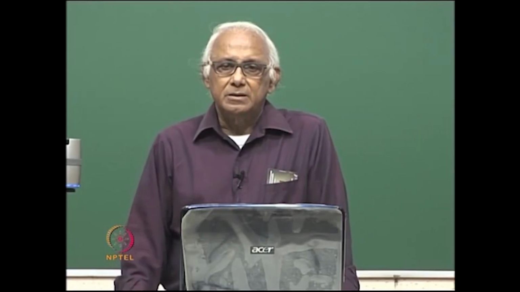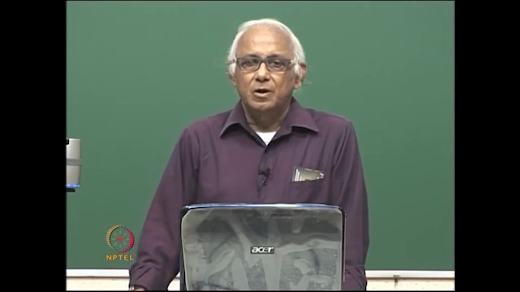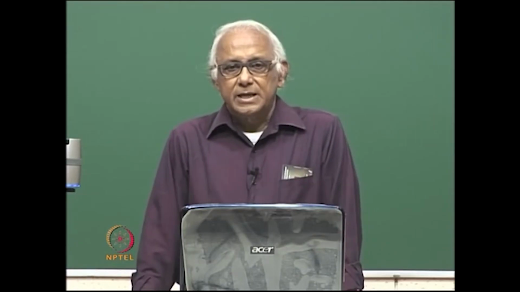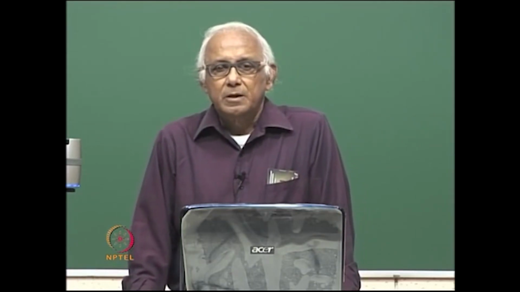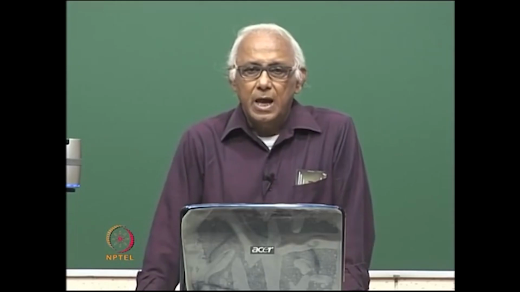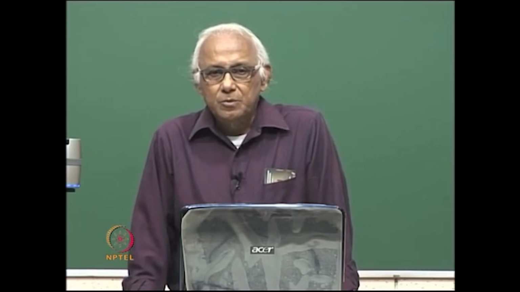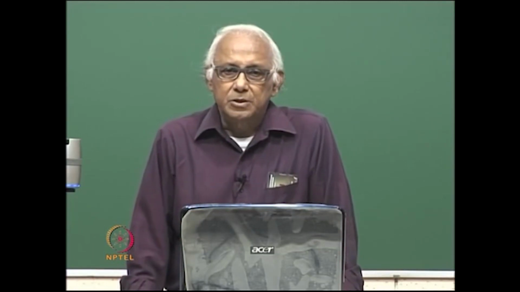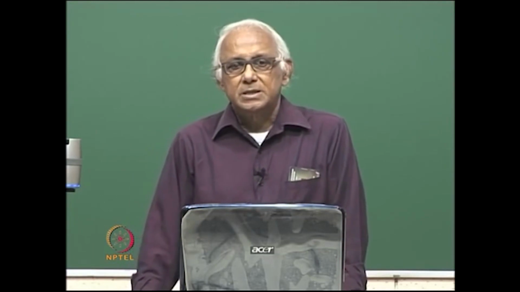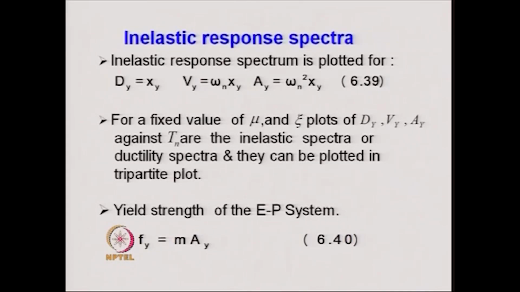Once we get that, that particular value of f bar y is again put into the equation of motion and we solve. After solving, we get a value of mu, and if that value of mu is equal to the value of mu that was interpolated from the set of values of f bar y and mu, then we say that there is a convergence.